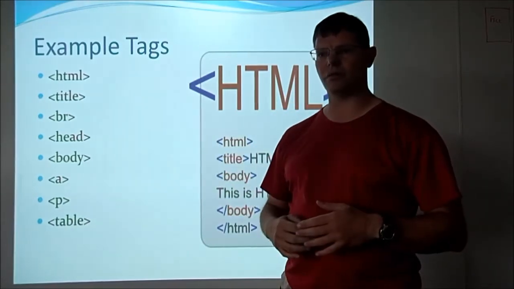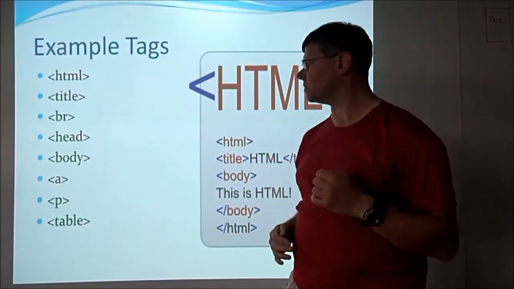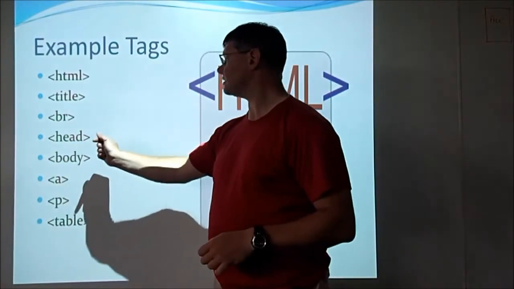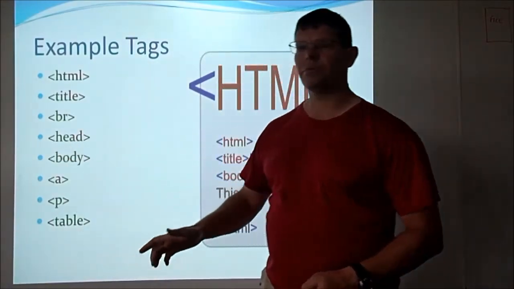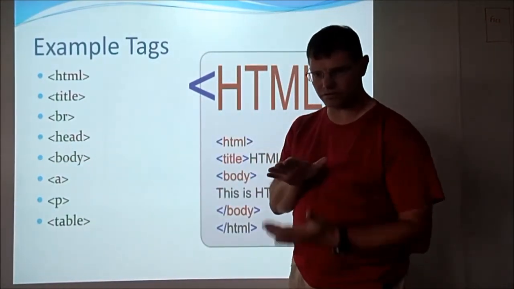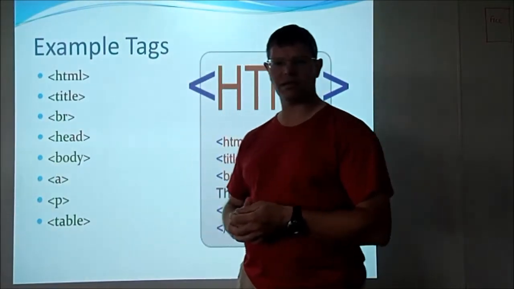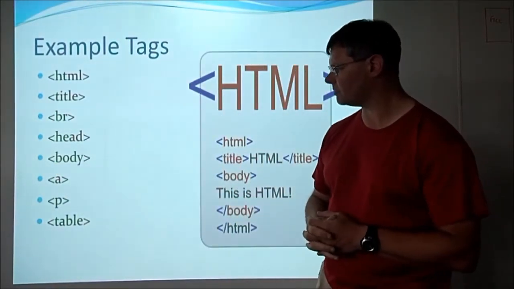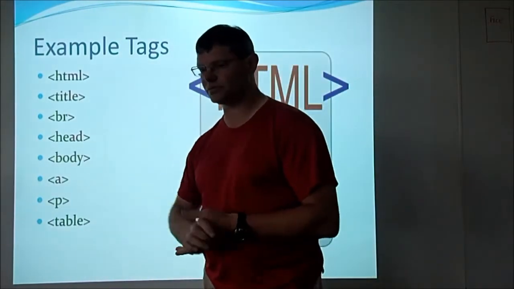It helps when you're doing paragraphs and if you're trying to move text and images away from each other on the page. Head is the header, the bit that goes in the top of the page. Body is the main part of the website where all the content is going to go. A is for a hyperlink, so whatever you put inside that will be a hyperlink. P, as we said, is for a new paragraph, and table is for tables.